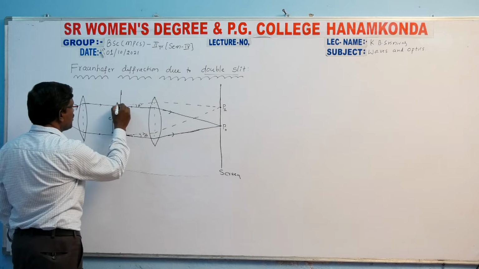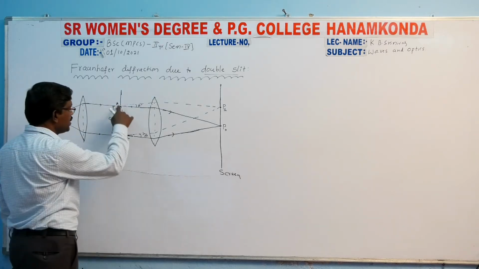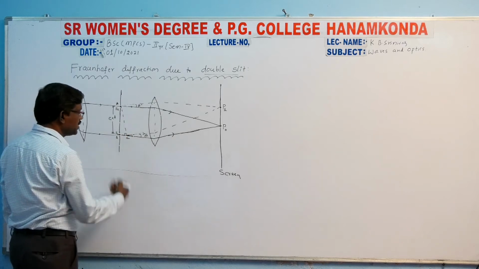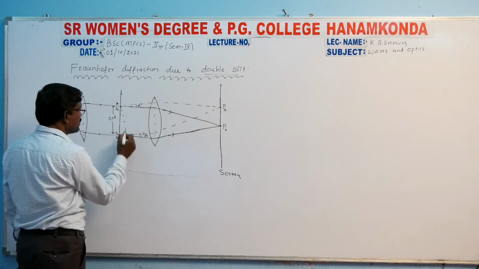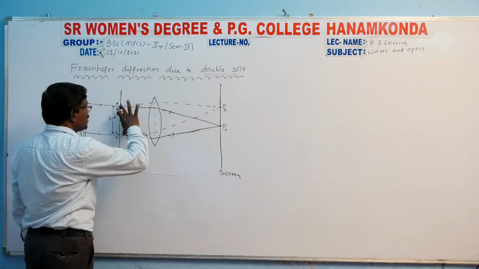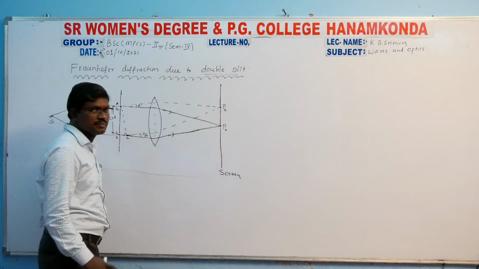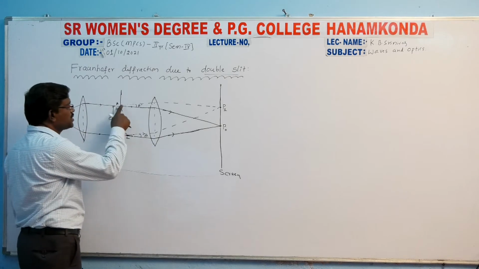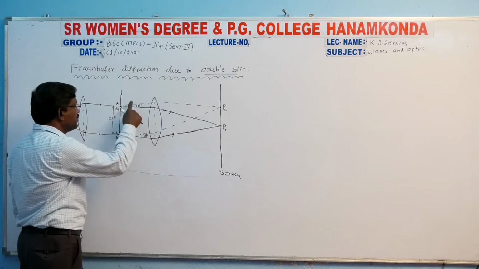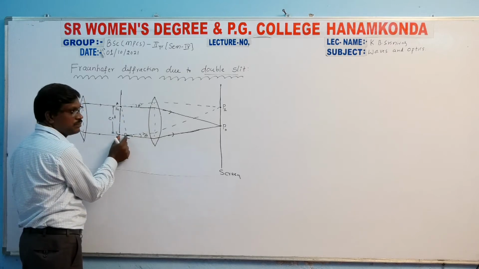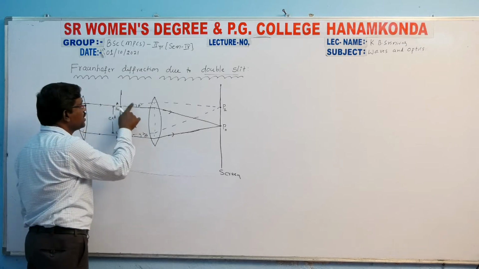Let this be A, this be B, this be C. AC is a normal drawn on BC. From the diagram it is clear that from these two points the rays travel equal distances in equal intervals of time. There is no path difference between A and C. Then what will be the path difference between these two rays? That is BC. BC is the extra distance traveled by the second ray when compared to the first ray.